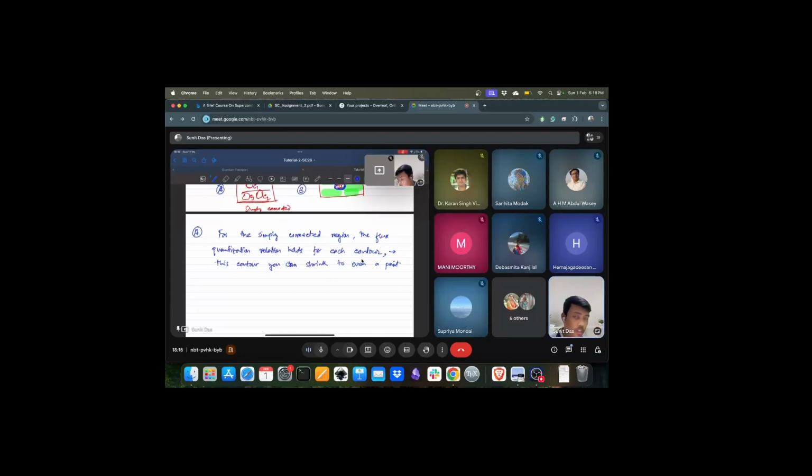What this means is that whenever you have a region like this and you are decreasing the loop size, somewhere you will hit a point. So there will not be any flux, and that particular case corresponds to n equal to 0. No flux is enclosed by this point. Okay, so you are allowed to do that in a simply connected region.